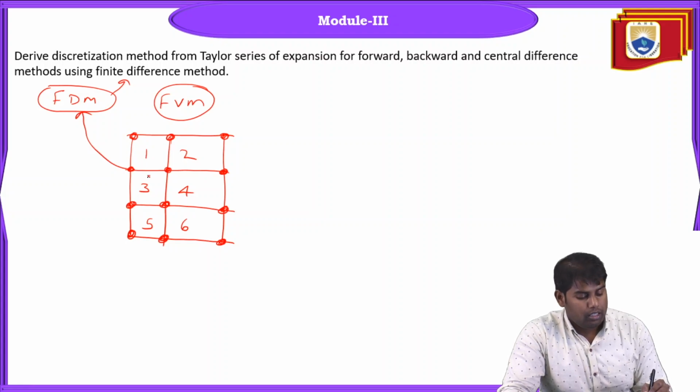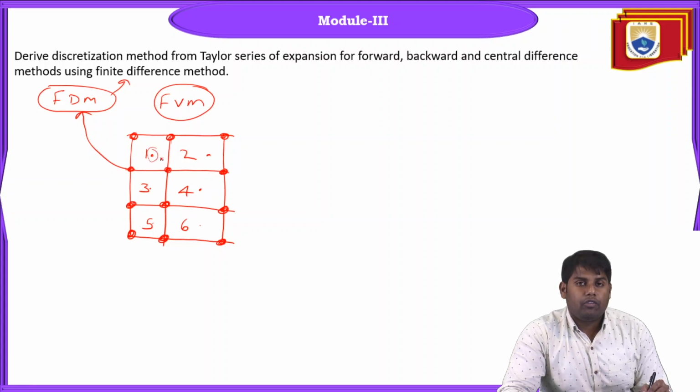So 6 centroids are available. Whatever average properties you have at different faces will be estimated at the center of the cell. That is the finite volume method, which we will discuss in module 5.